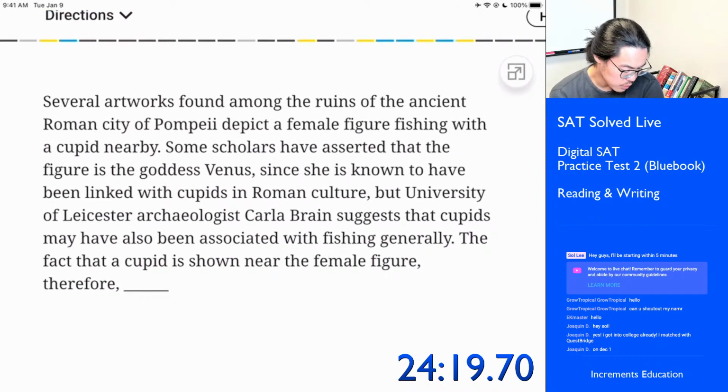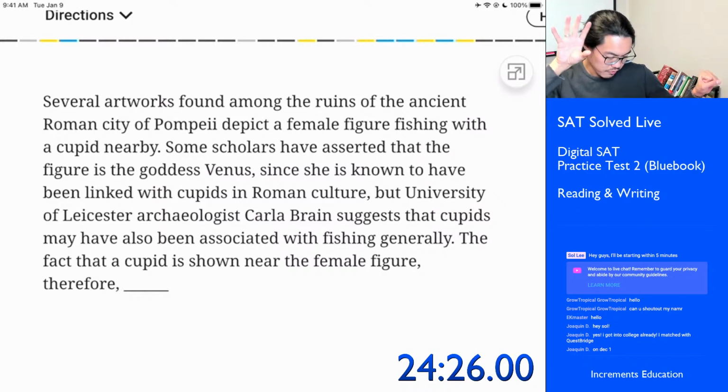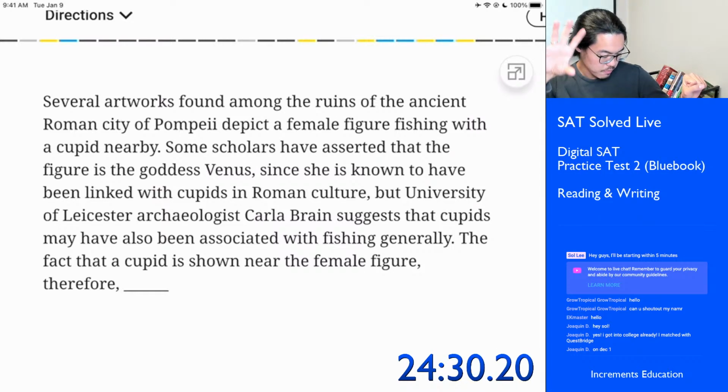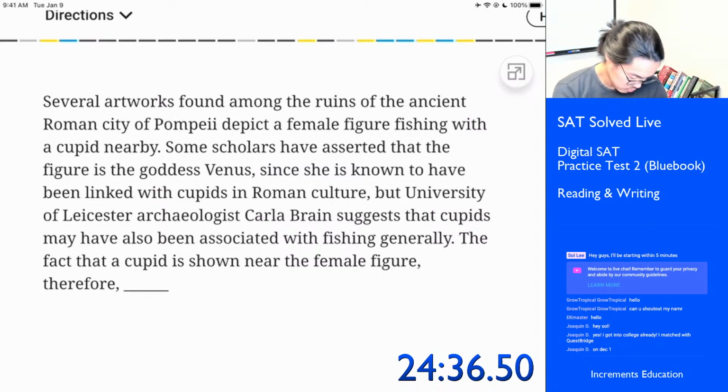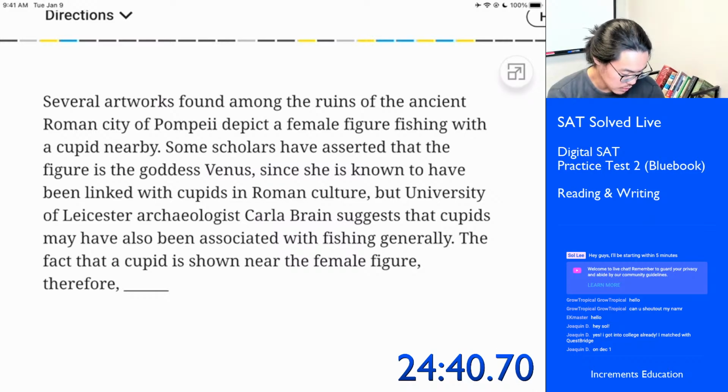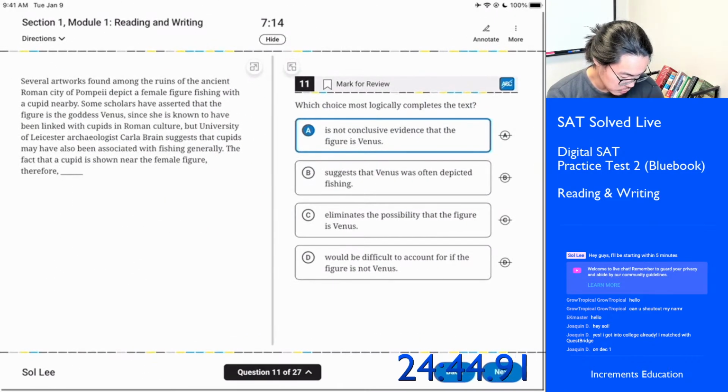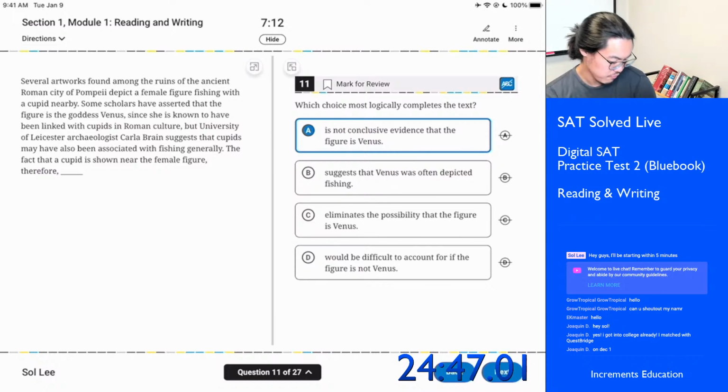So several artworks found among the ruins depict this figure with a cupid. The figure because she's linked to cupids. But no, the cupids is just associated with fishing. Not only Venus. So the female figure and the cupid could just be fishing.